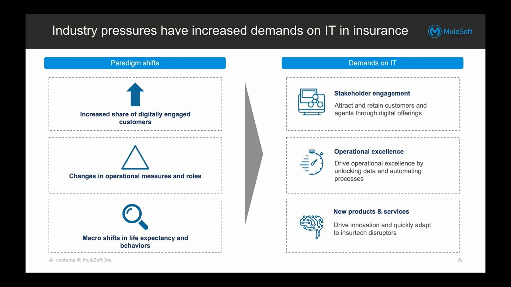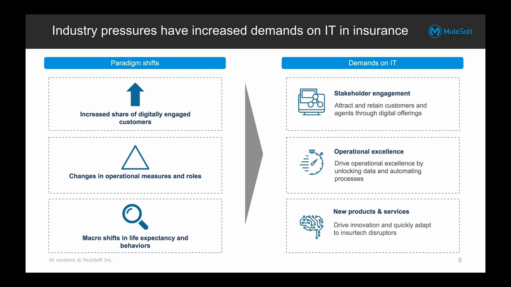There is an Amazon effect, where the high bar for customer service that companies like Amazon and Uber have set for consumers is translating to more traditional verticals like insurance. And increasingly, we're seeing a lot of insurance companies invest in improved digital engagement as a means of attracting and retaining customers in a vertical that is becoming increasingly commoditized.